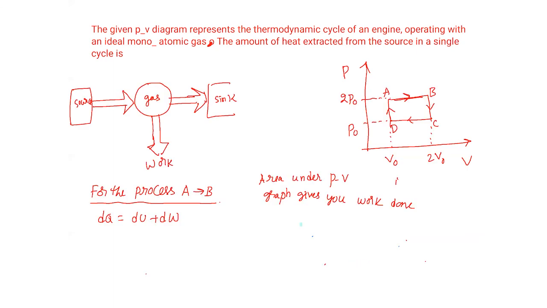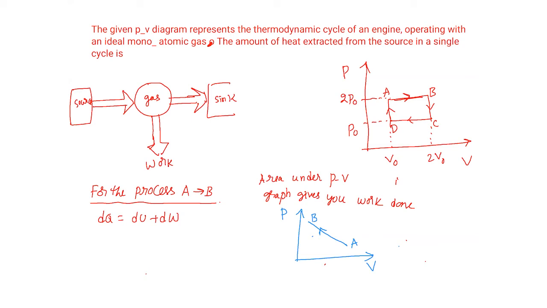Okay. Now, see here. One more example. This is a PV graph. Tell me, what will be the sign of work done in the process A to B?